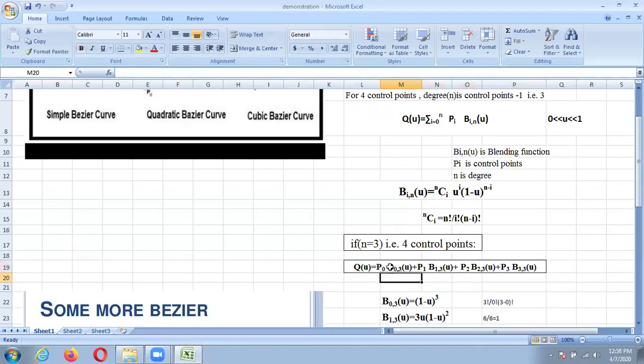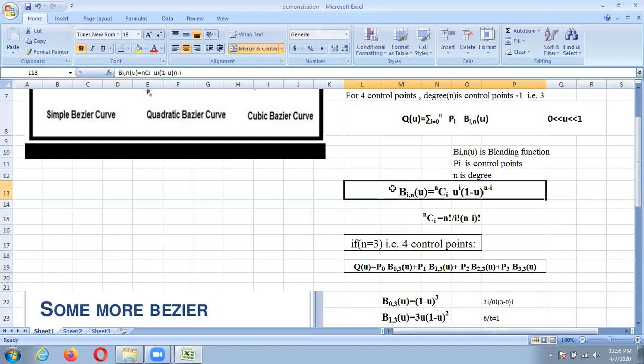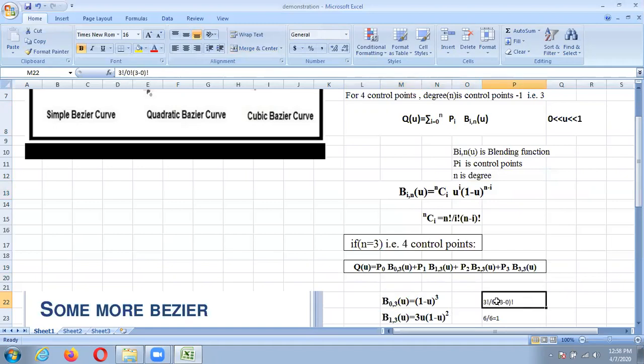Now individually calculate the value of the blending function. First, b0 comma 3 of u equals what? First we find n C i, that is 3 factorial upon 0 factorial into 3 minus 0 factorial, that is 6 upon 6, which becomes 1.